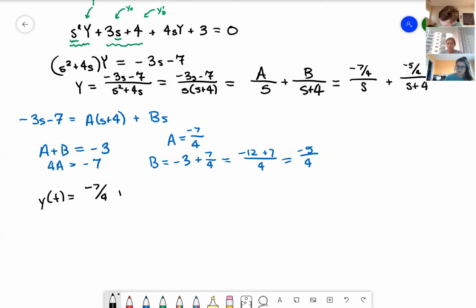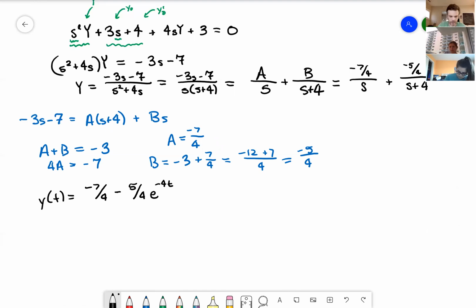The next one, we're going to subtract 5/4 e to the minus 4t. I agree with the Laplace transform. Okay. Not typing all this in.